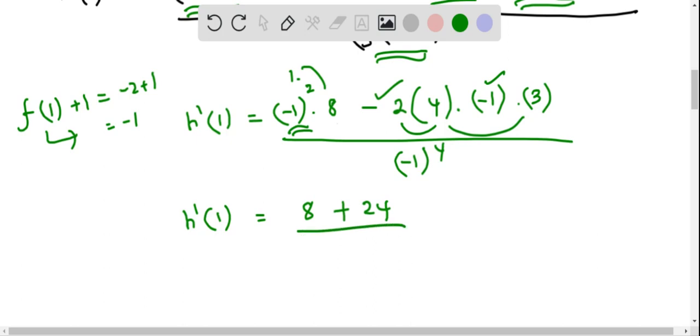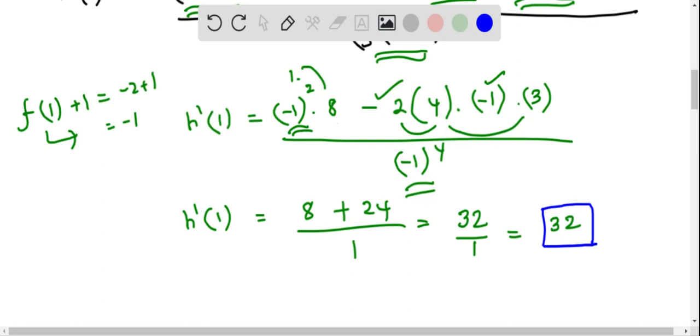So I put 24, and this is all over negative 1 raised to the power of 4, which is an even power, so this is going to be positive 1. So this is 8 plus 24 over 1. 8 plus 24 is 32, so 32 over 1 equals 32. So we have determined that h prime of 1 equals 32.